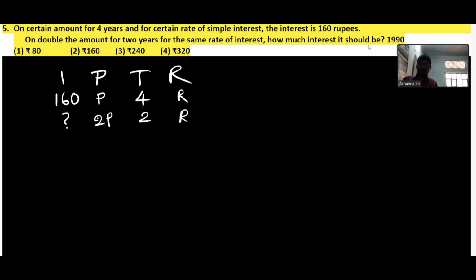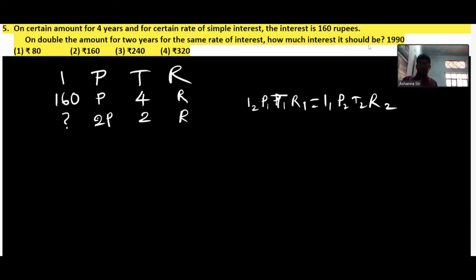So we know the formula of I2 P1 T1 R1 is equal to I1 P2 T2 R2.